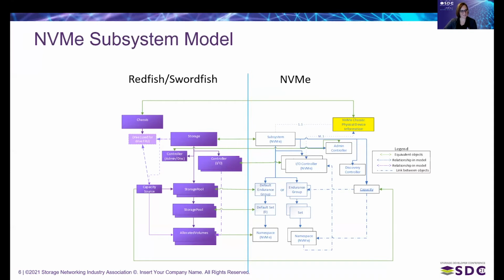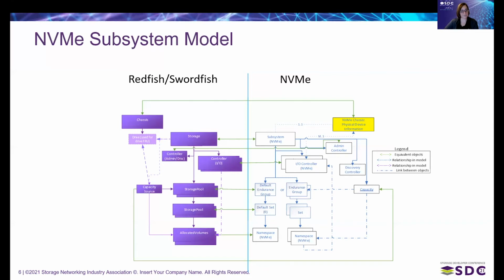For the most part, there are a few places where we had some slight inconsistencies in the model, but that largely comes in the space of the controllers, where traditionally the controllers on non-NVMe devices reflect the actual physical controller in the system, and the management controller, that kind of thing.